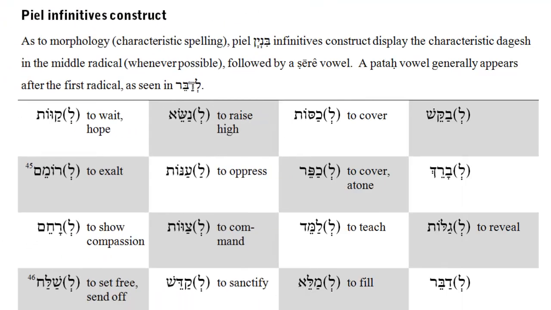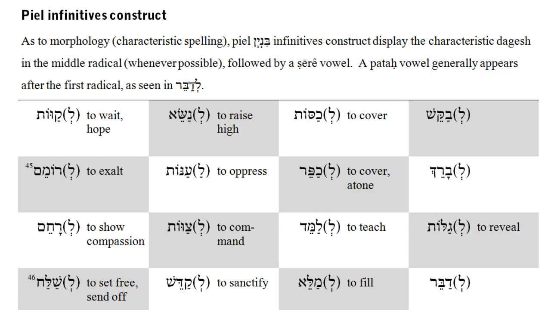Here is that collection of infinitives construct in the PL binyan. As you look them over, you will find that the morphology, that is the characteristic spelling distinguishing these forms, displays the typical dagesh that we've come to expect in the middle radical of the PL, whenever possible, and there are some weak letters which will resist that dagesh.